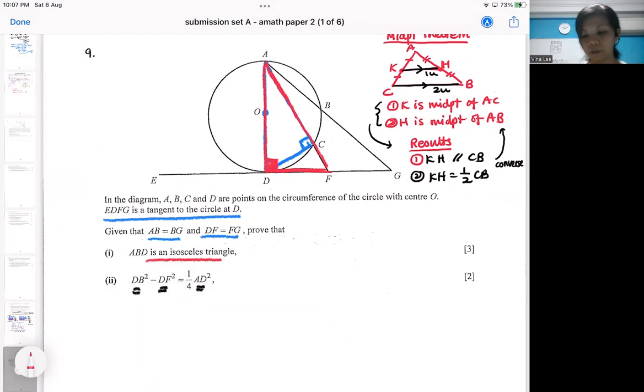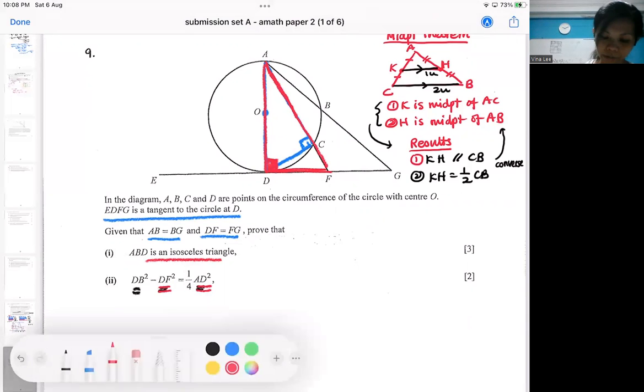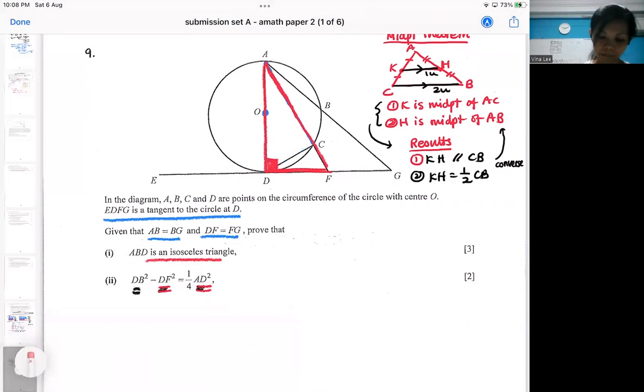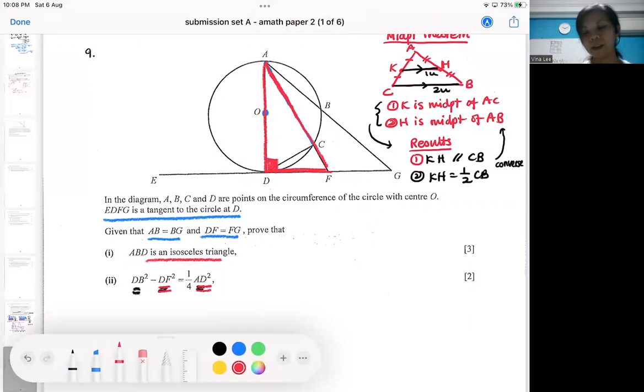So which one will I choose? I'll choose the red color one, because the red color can give me a DF, can give me an AD. So I will choose the red color. So that's my approach. Which one can I do my Pythagoras in? I've got to weigh out and see which one can lead me to this expression.